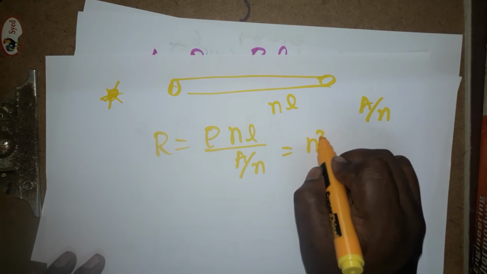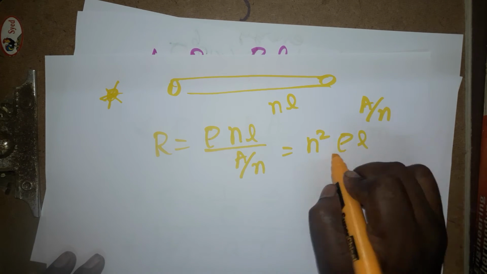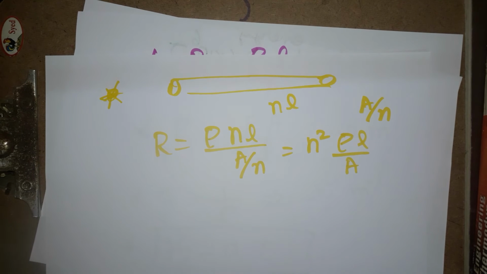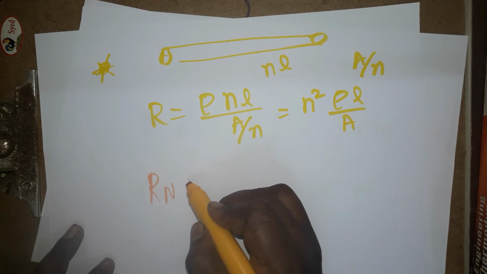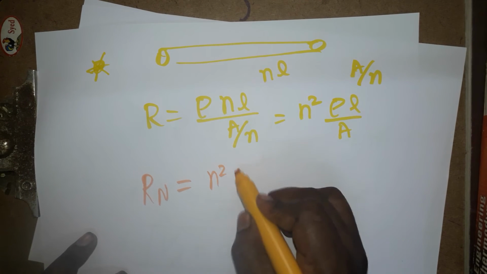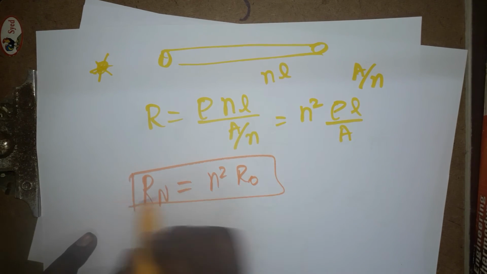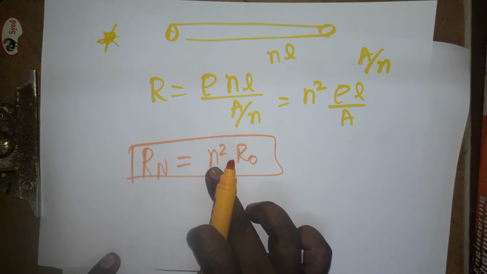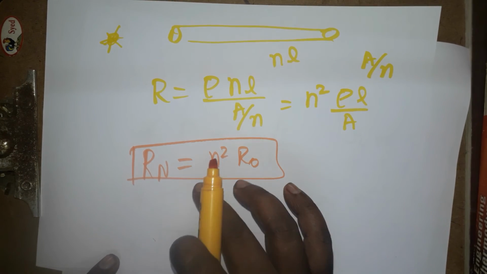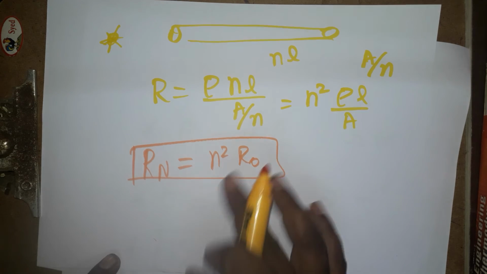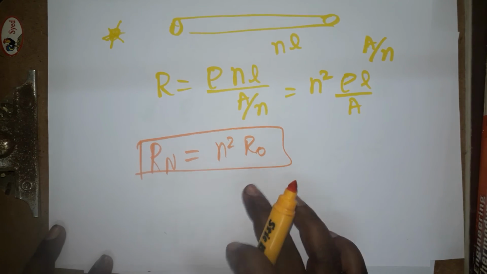That is going to be n square times rho L divided by A. So R new, the resistance after stretching, is n square times R old. What this formula is telling us: if you stretch 2 times, resistance increases 4 times. If you stretch 3 times, 9 times. If you stretch 4 times, 16 times. That is what the formula says.